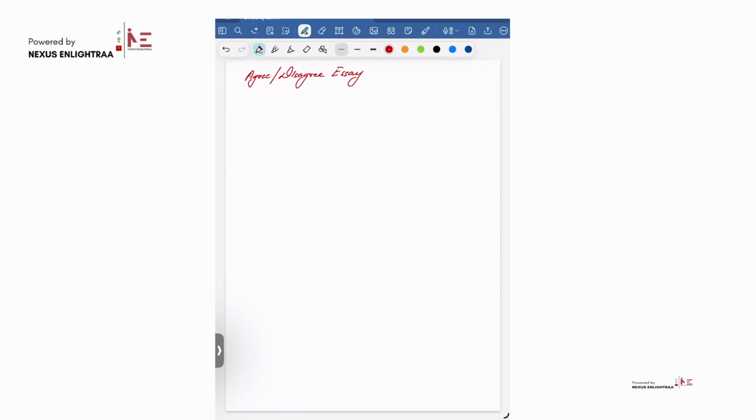One of the reasons you need to know this well is because when you are in your examination hall trying to write an essay, the one thing that should be on your mind is what to write and not how to write. So we will go through a skeletal structure that we will use for all agree-disagree essays.